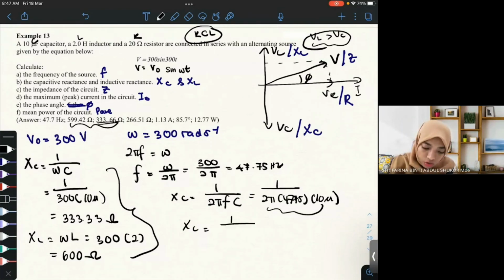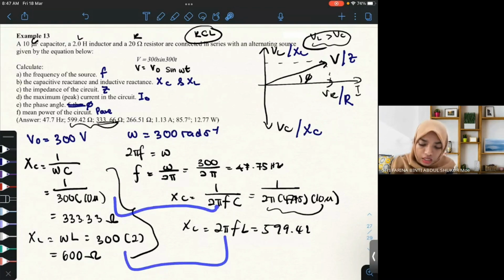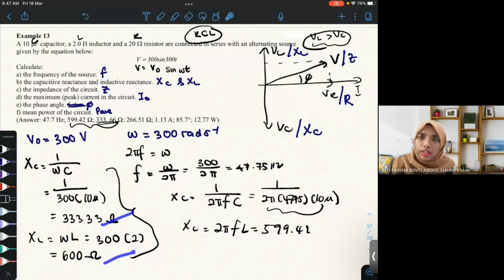If you were to use 2 pi f L, kamu akan dapat 599.42. Okey, dua-dua diterima. Okey, tapi ini lagi direct lah because you already have the omega value. Okay, tapi kalau awak memang hafal XC adalah 1 over 2 pi FC, maka kita akan guna F daripada sini.